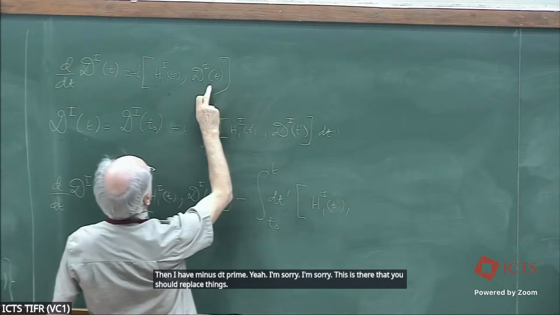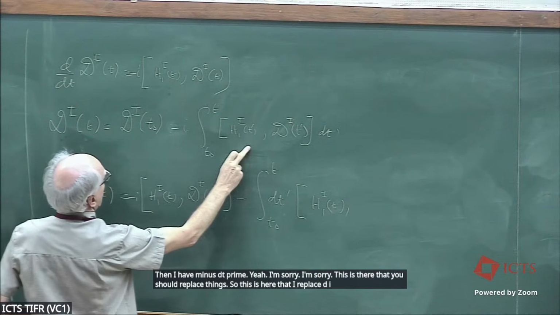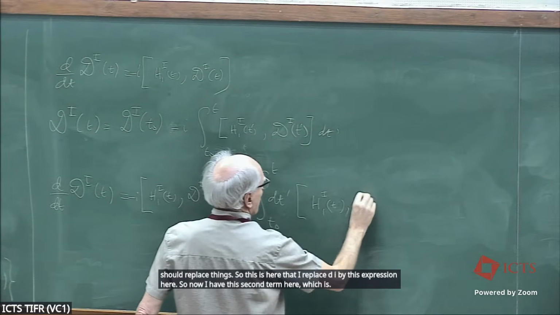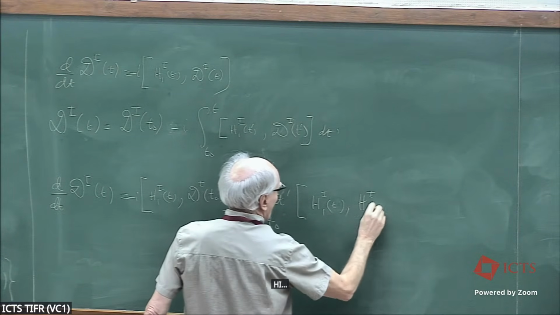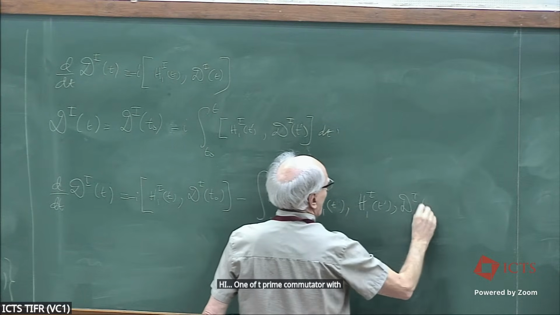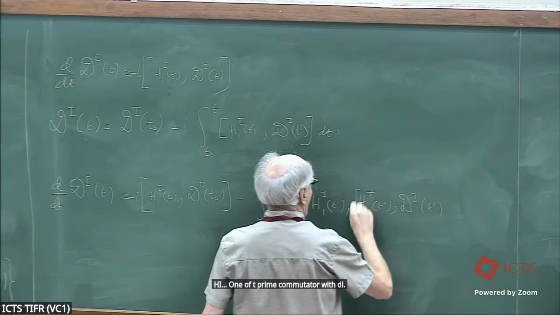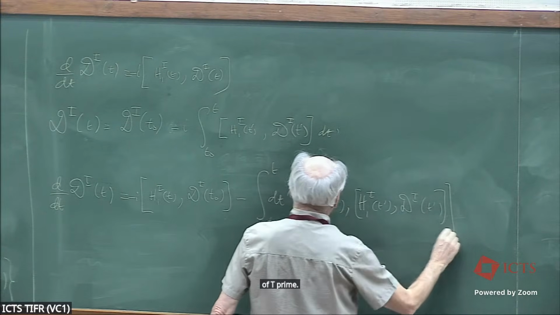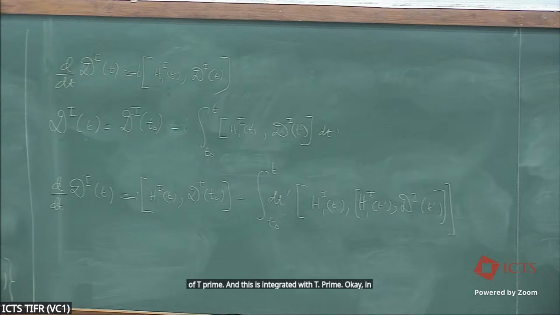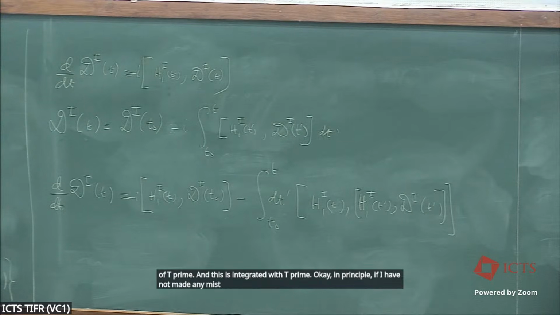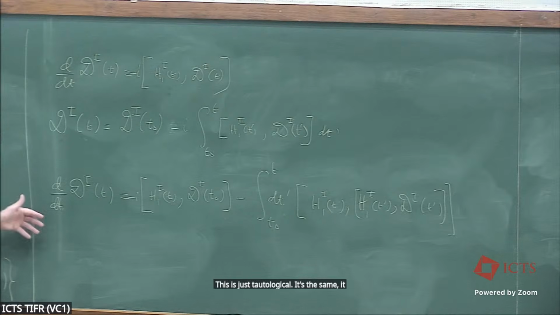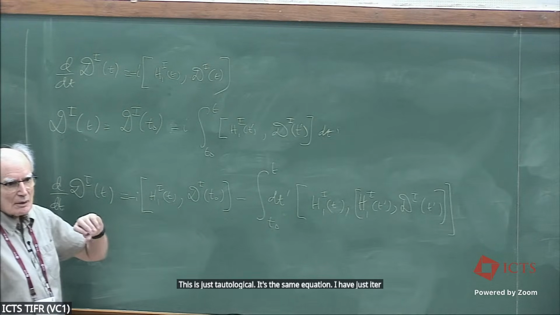So this is here that I replace dI by this expression here. So now I have the second term here, which is H1 of t prime commutator with dI of t prime, and this is integrated over t prime. In principle, if I have not made any mistake, this is just tautological. It's the same equation. I have just iterated the equation once.